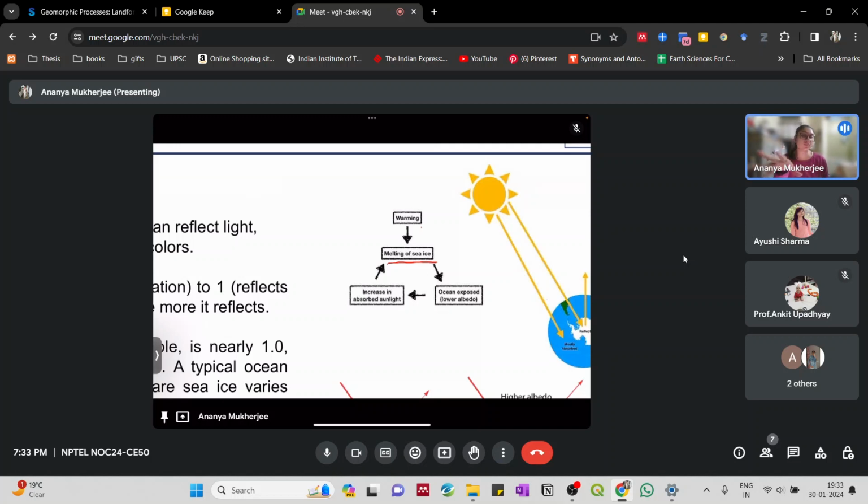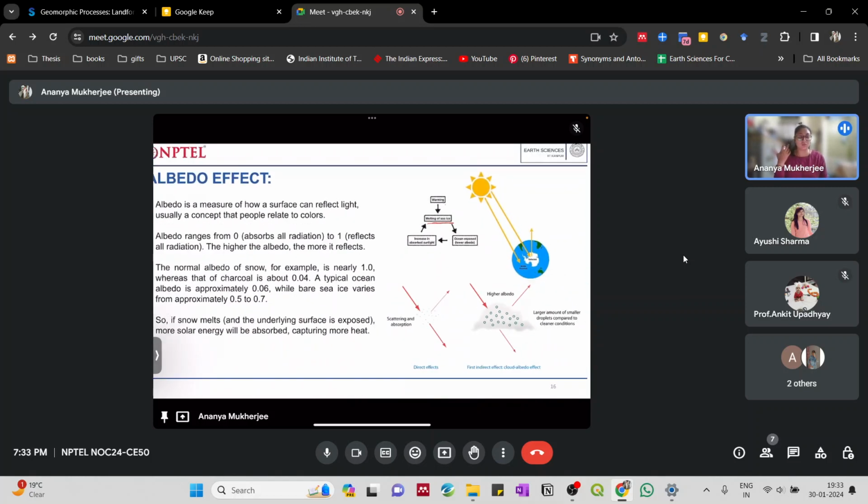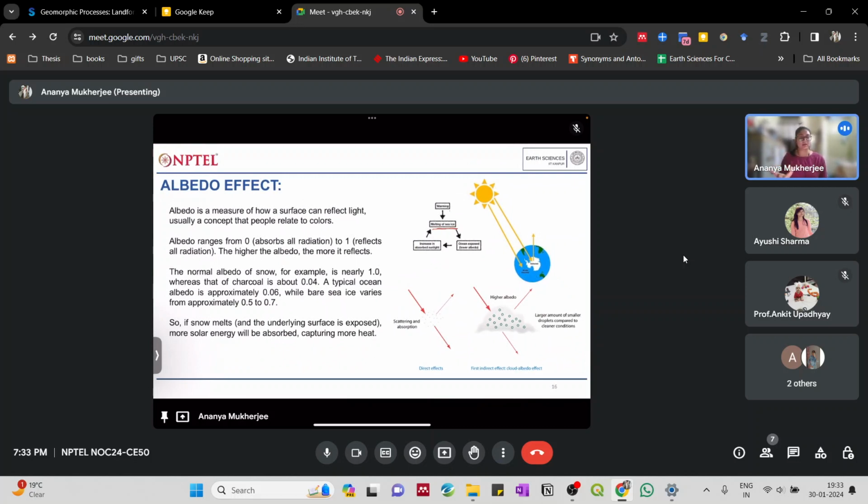If your ice cover or snow cover or glacier cover is reducing, then more and more of that radiation is going to be absorbed by the Earth, which is going to increase the temperature. Then it's a cyclic process, and it will melt more of the sea ice, and that in itself is going to give rise to a warmer weather or climate.